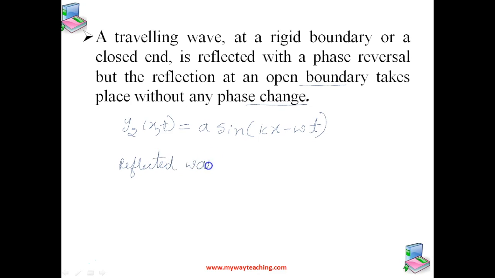So that reflected wave, we'll represent it using yr, is equal to, so there is a phase difference of pi as we studied now, isn't it? So this wave is inverted.